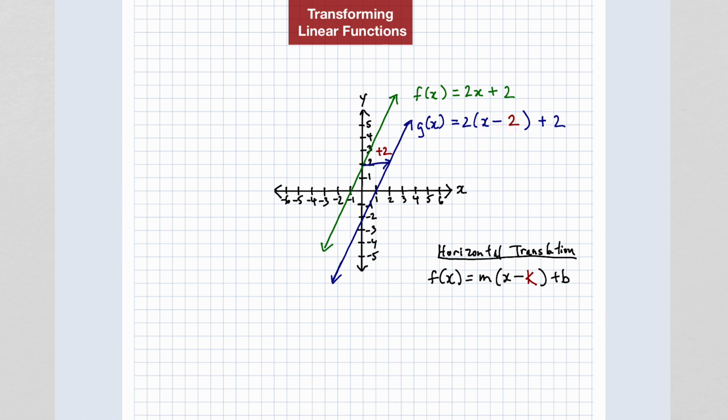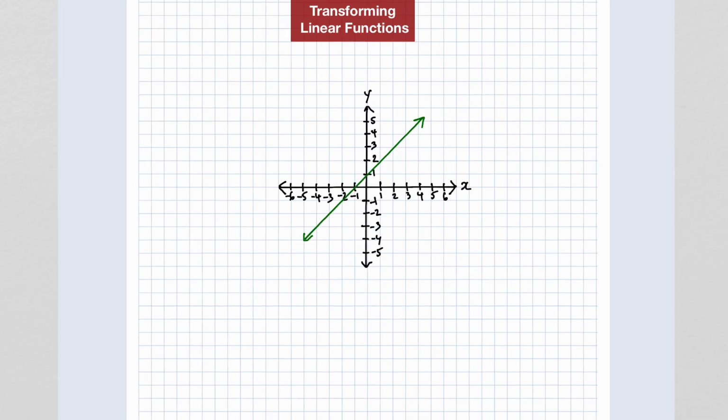Okay, moving on to the next one. So let's say we have the following function, and this equation is f of x is equal to x plus 1. If we have a vertical stretch, then the equation for a vertical stretch would look as follows.